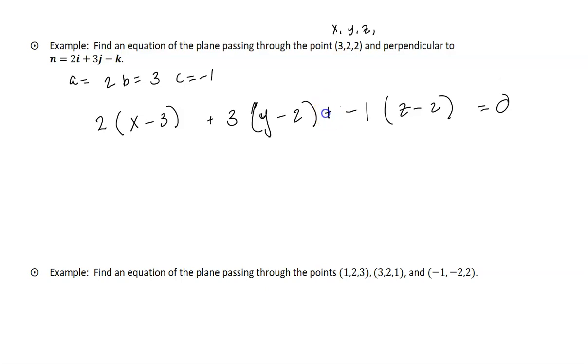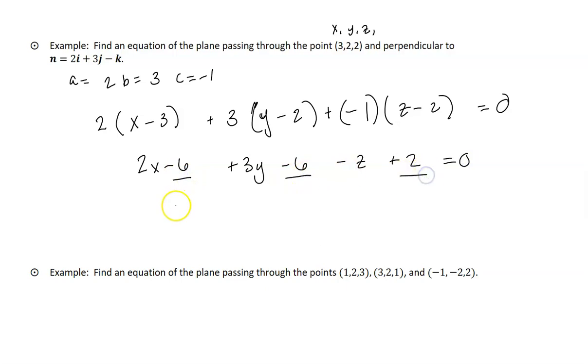And that's technically plus a negative 1 there. So this gives me 2x minus 6 plus 3y minus 6 minus z plus 2 equals 0. And I'm going to take all of my like terms here and combine them together. So I'll get 2x plus 3y minus z minus 10 equals 0. And I'll leave my answer like that.